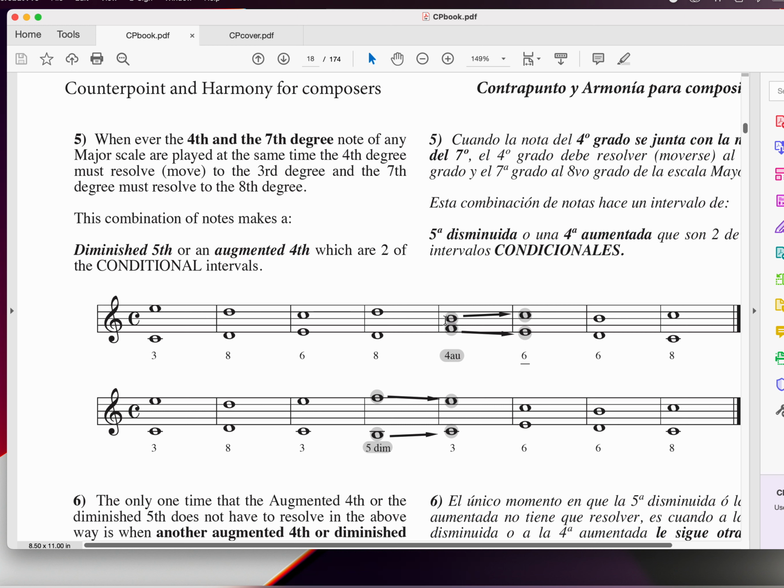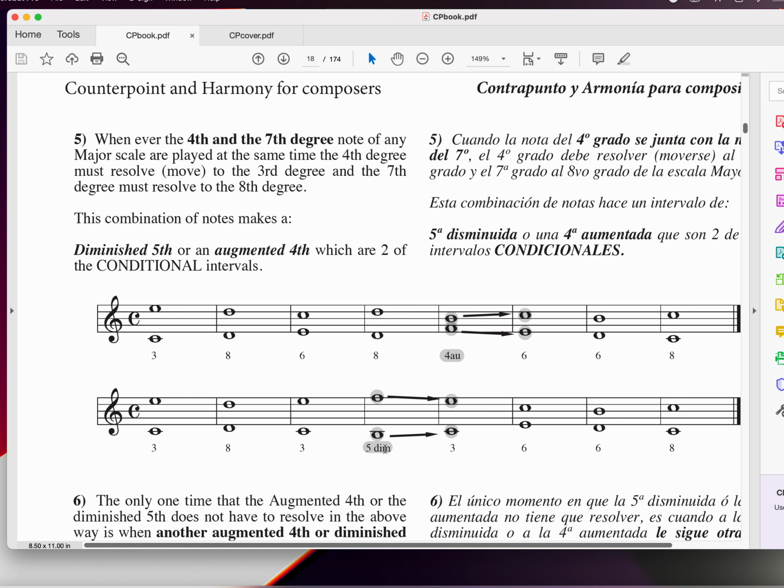That means you can have a B on top to make it an augmented fourth interval, forcing the B to go to a C and the F to an E. That's the way you need to resolve that interval because it's a conditional interval. It needs to be resolved that way, or else it's going to sound bad.